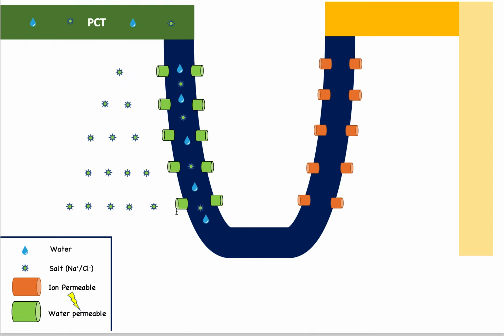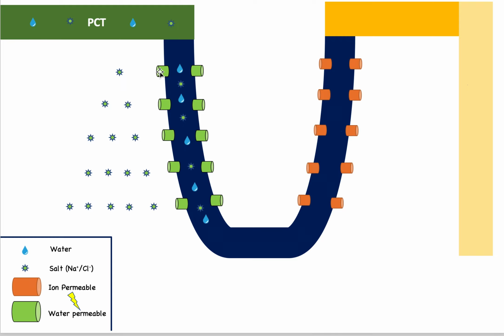Now, what does this mean? Don't worry about why this is the case now, because I'm going to explain that very shortly. Just know that as you go down, it gets more concentrated for some reason that I'll explain soon. Now, if this environment outside is concentrated, and we know this channel is permeable to water, what do you think is going to happen?